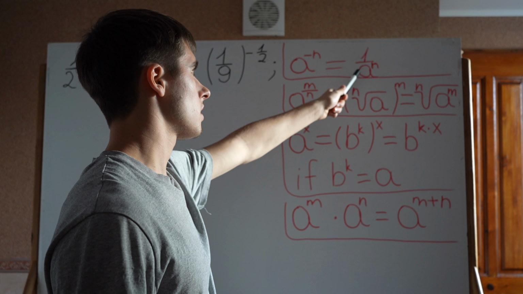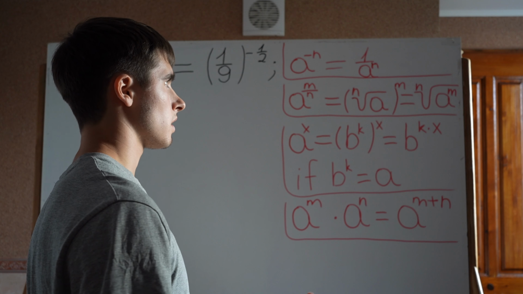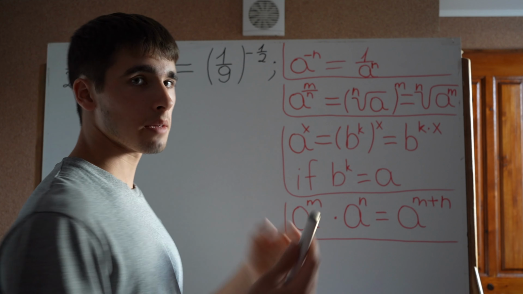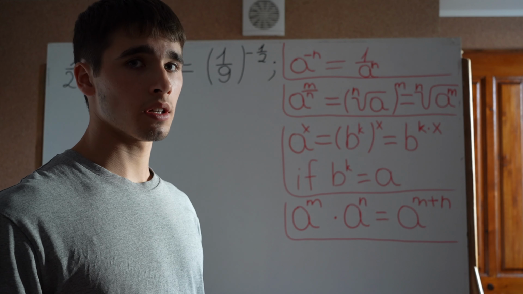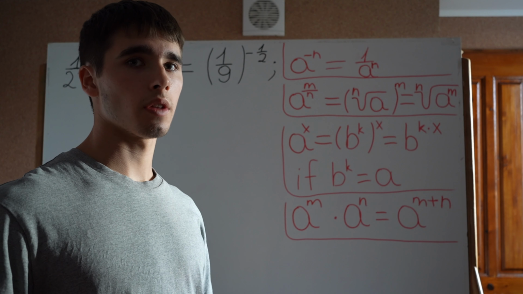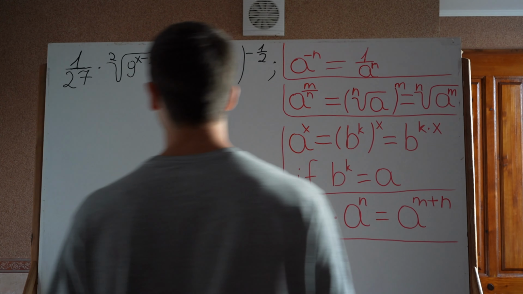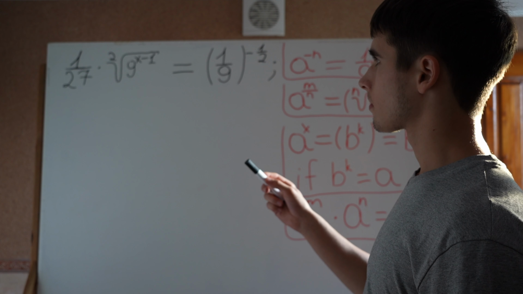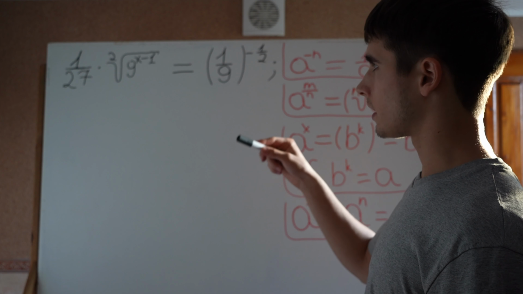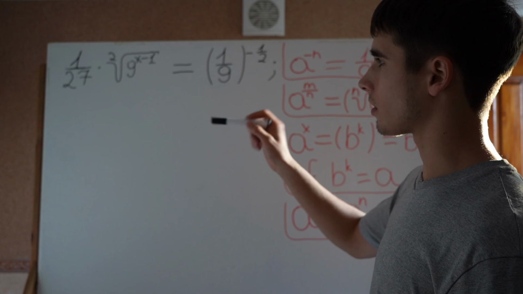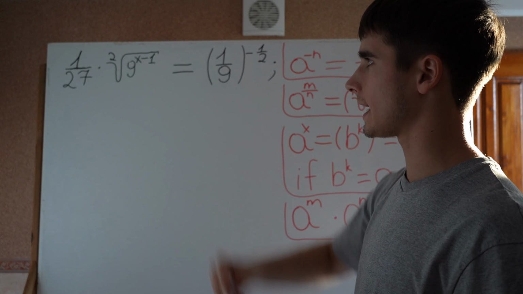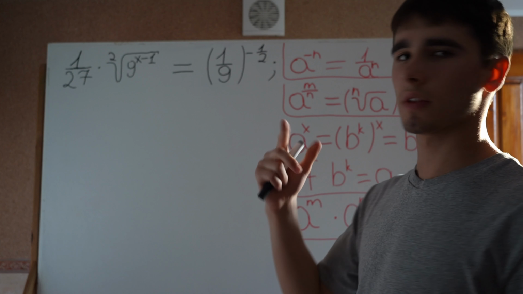So a number 1 over a number raised to a certain power equals the same number, but the exponent changes its sign to the opposite one. So in this case, it's going to be 1. Right, I forgot to say that we can represent 27 as 3 raised to the third power.